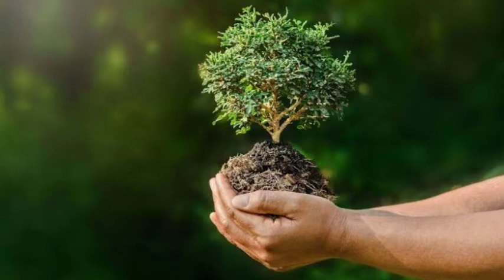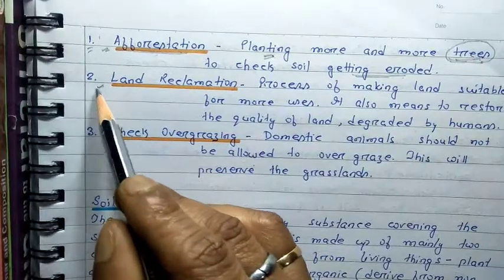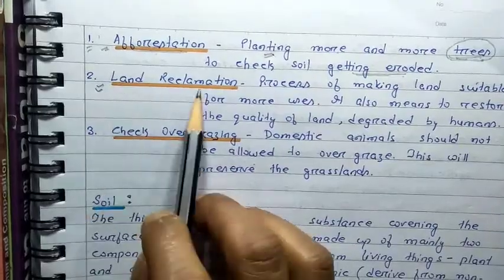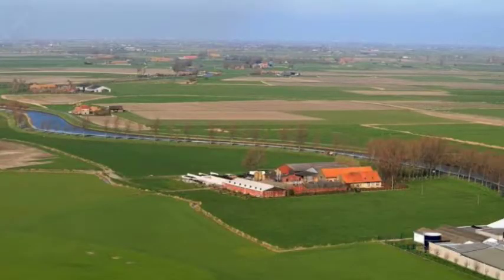That's the first point. The second point that I have written here is land reclamation. The meaning of land reclamation is the process of making land suitable for more uses. Sometimes it happens, because of human use, that the land gets degraded and becomes useless.